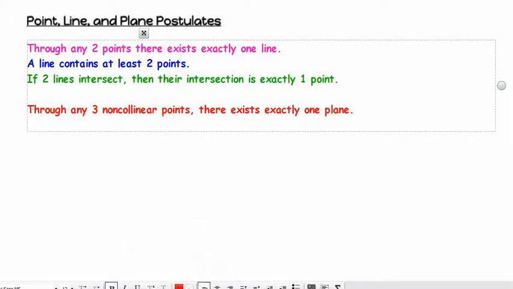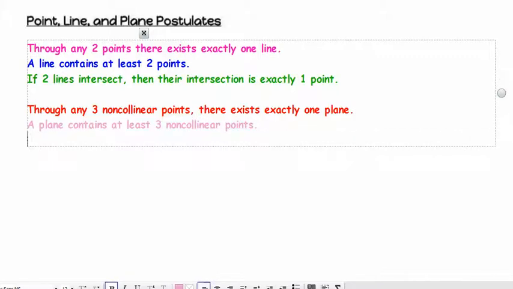Our 5th one: a plane contains at least 3 non-collinear points. Nothing too shocking there. Kind of a rewording of that last one.